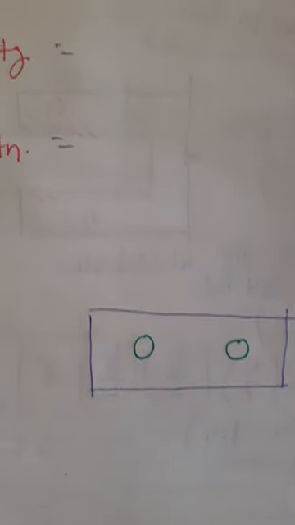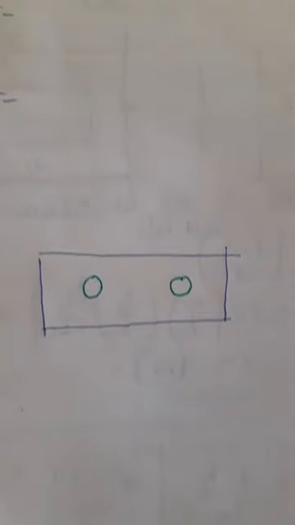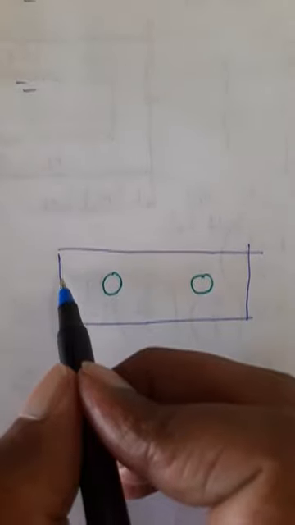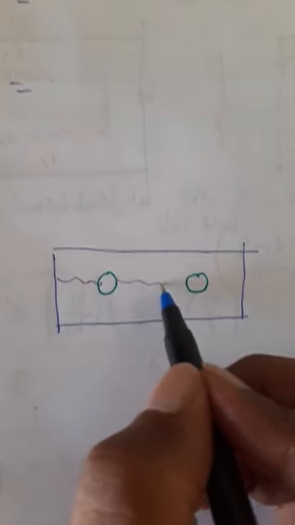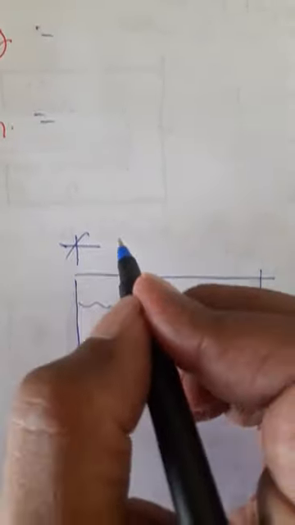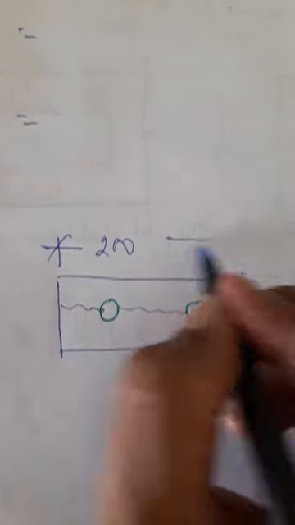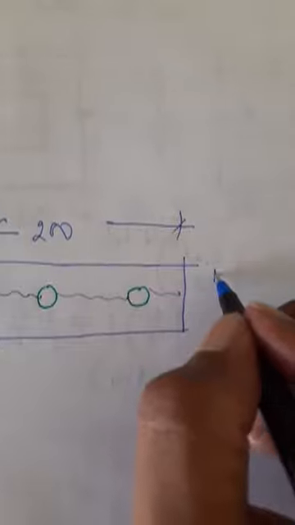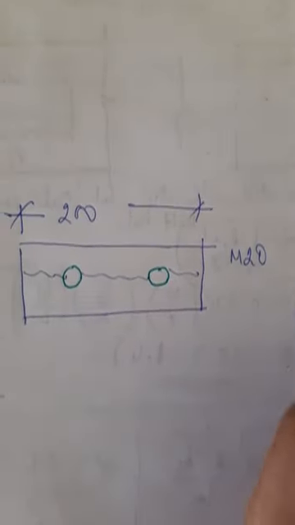Now obviously if I have to find strength, this length will be the critical section. Say this dimension is 200 mm and the bolts are M20.